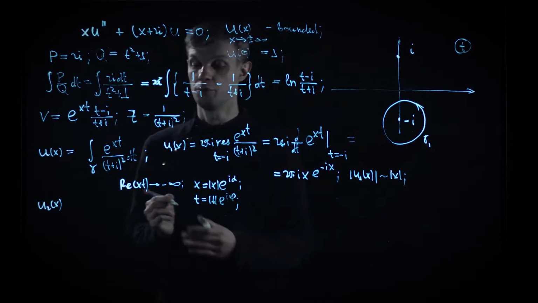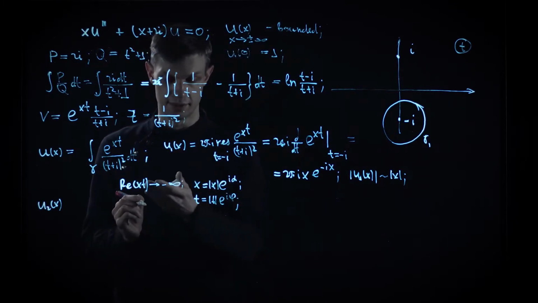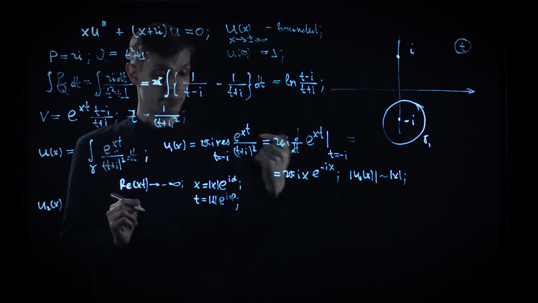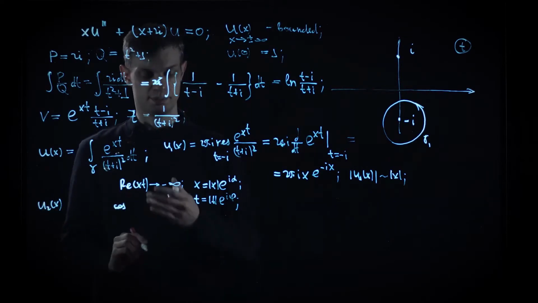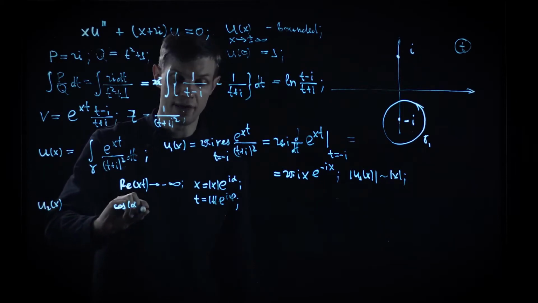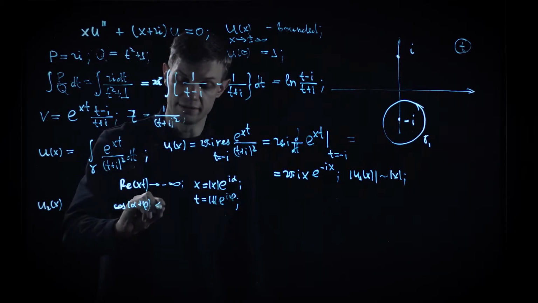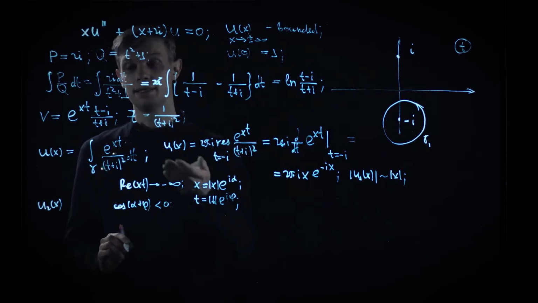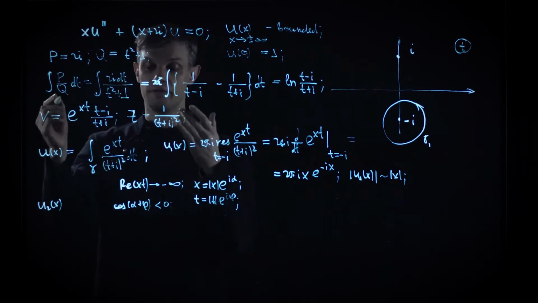And when we take the real part of this product and require that the real part tends to minus infinity, it's equivalent to the condition that the cosine of alpha plus phi, that's the sum of these two arguments, is negative. And if this condition holds, then we achieve the vanishing of our V function.